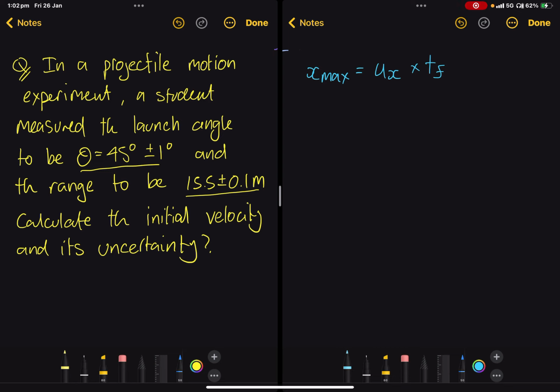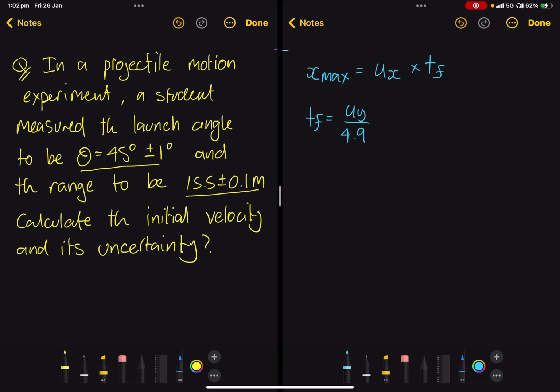We know that the time of flight is equal to the initial velocity in y divided by 4.9. So this gives us the time of flight as a function of the initial velocity.